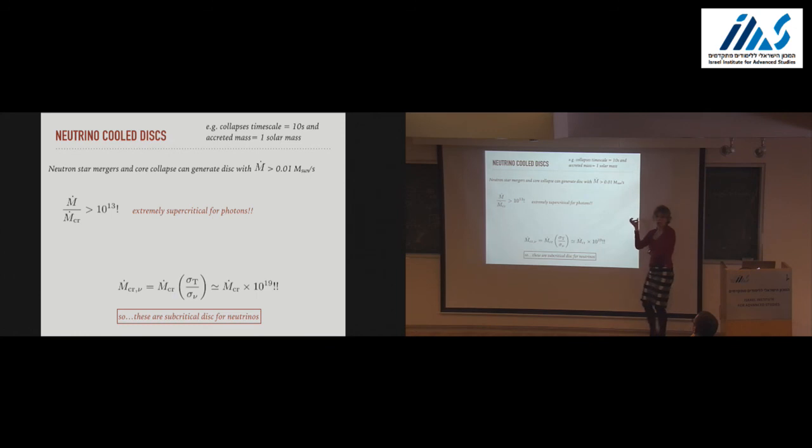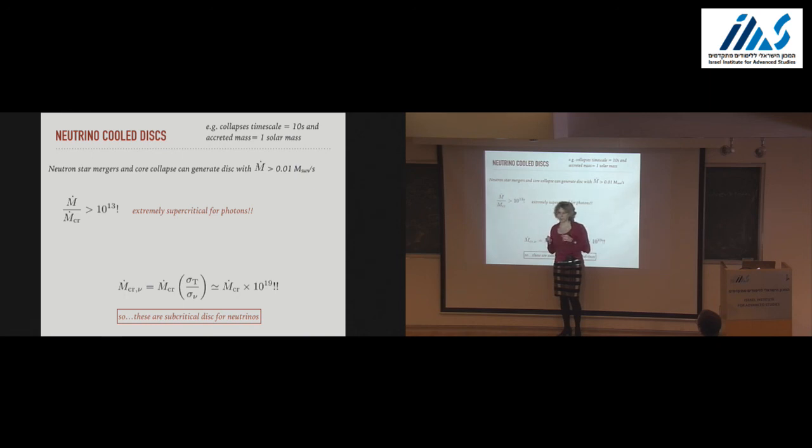When 2 neutron stars merge, or in a core collapse supernova, you can have accretion rates onto newly formed compact objects that can be greater than 0.01 solar mass per second, not per year, per second. So for instance, you take a collapse time of 10 seconds in a collapsar and 1 solar mass collapsing into it, you can get this accretion rate. These are enormous. This is 10 to the 13th times the critical accretion rate we have been talking about.